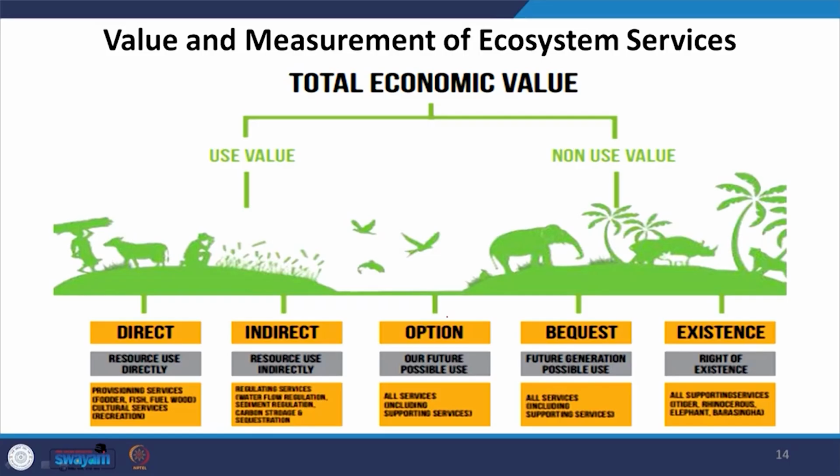One is option value. Option value means today I am not interested to use a particular service of the environment, but I may think to use it in future. So, that is called option value. Like I may not be interested to have a holy bath in river Ganga today, but I think that after 5 years or in future I may think to have a bath in the holy river Ganga.